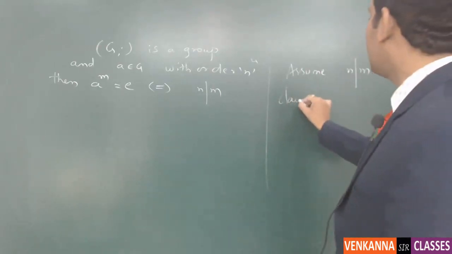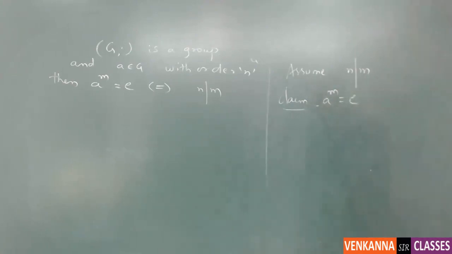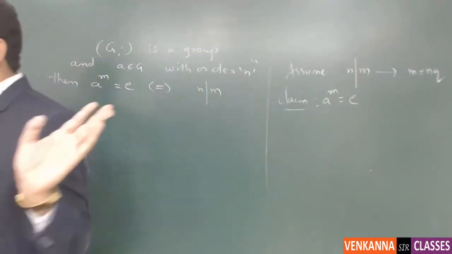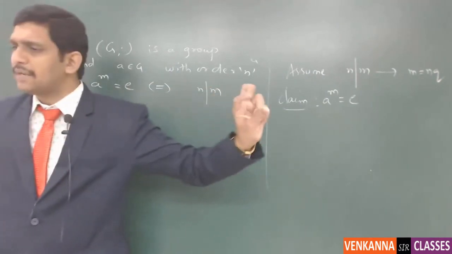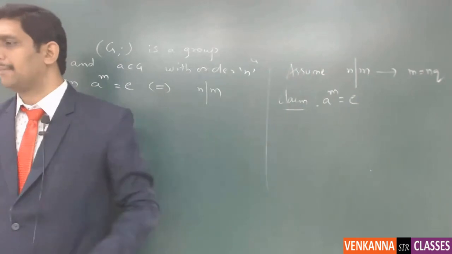So what is our claim? a power m is equal to identity. Since n divides m, from this part you can say that m is equal to some number n into q, because n divides m means m is a multiple of n. So you can write m is equal to n into some number.